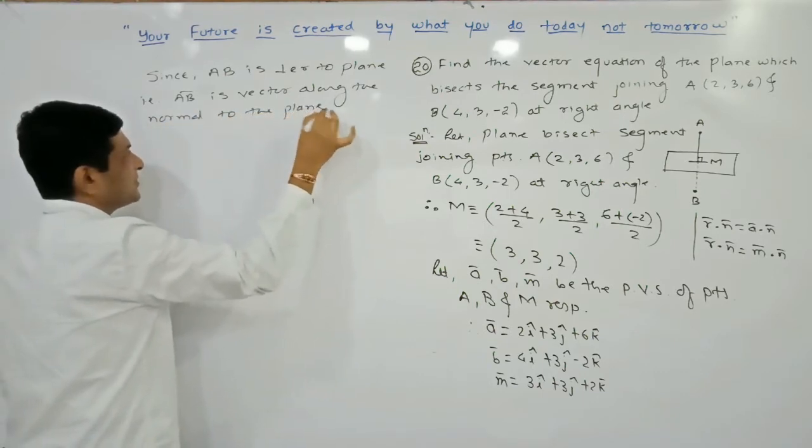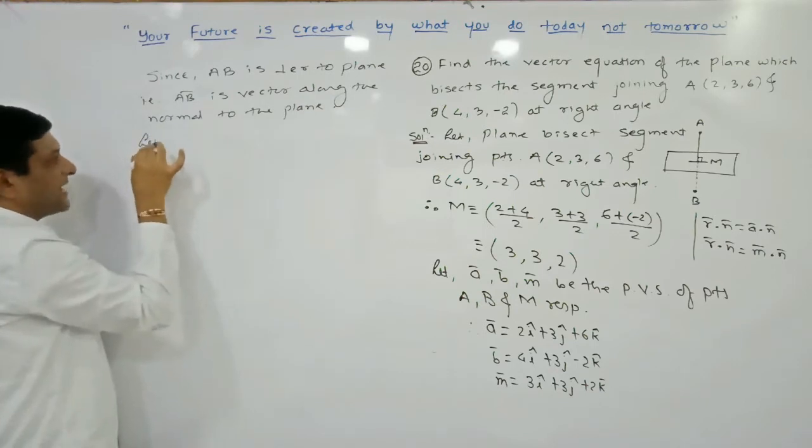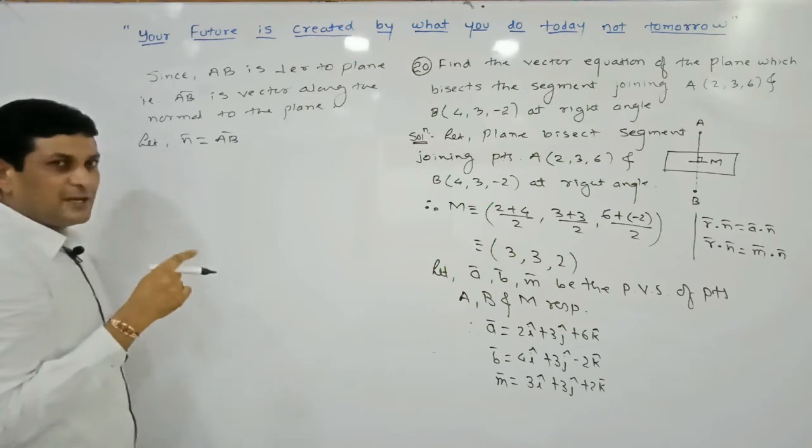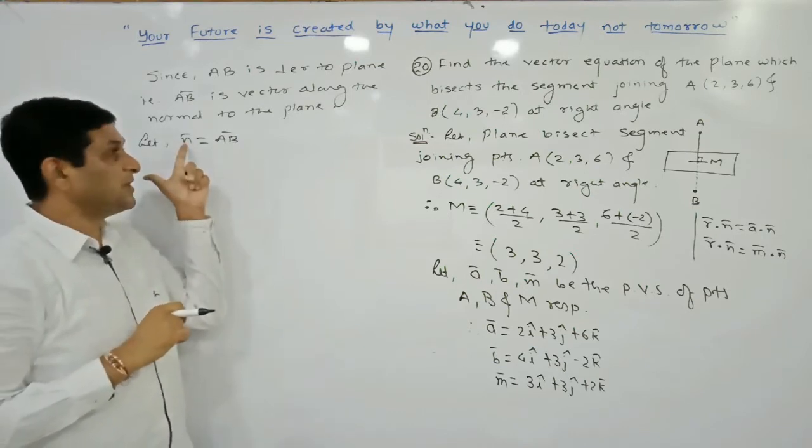So let n bar be equal to AB bar, because in our formula the vector perpendicular to the plane we have denoted by n bar.